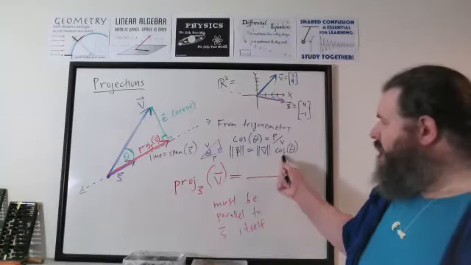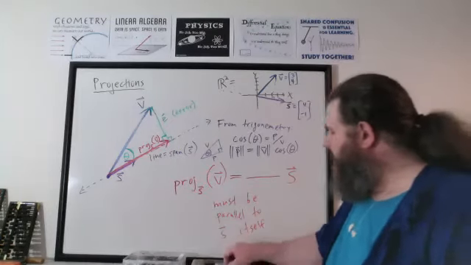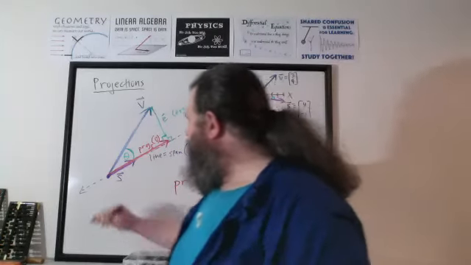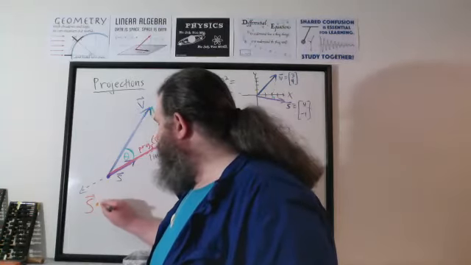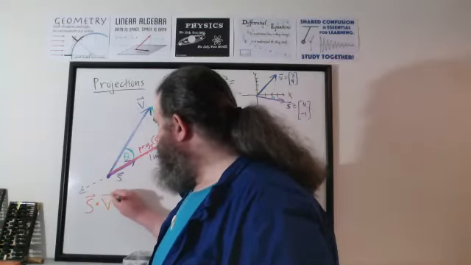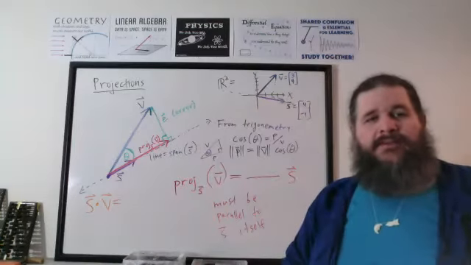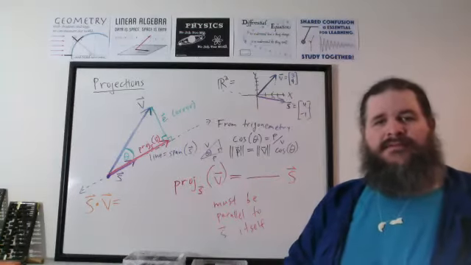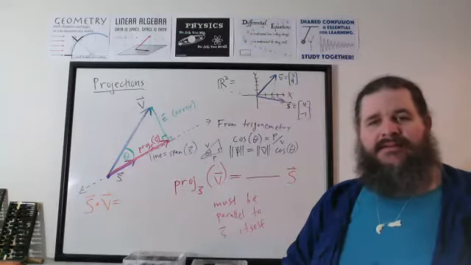And the fact that this is cosine allows us to make use of a very powerful property of dot products. Specifically, if you take the dot product of two vectors, let's say vector s dot vector v. Do you remember how the dot product relates to the angle between the vectors? What's one formula you can use for s dot v?